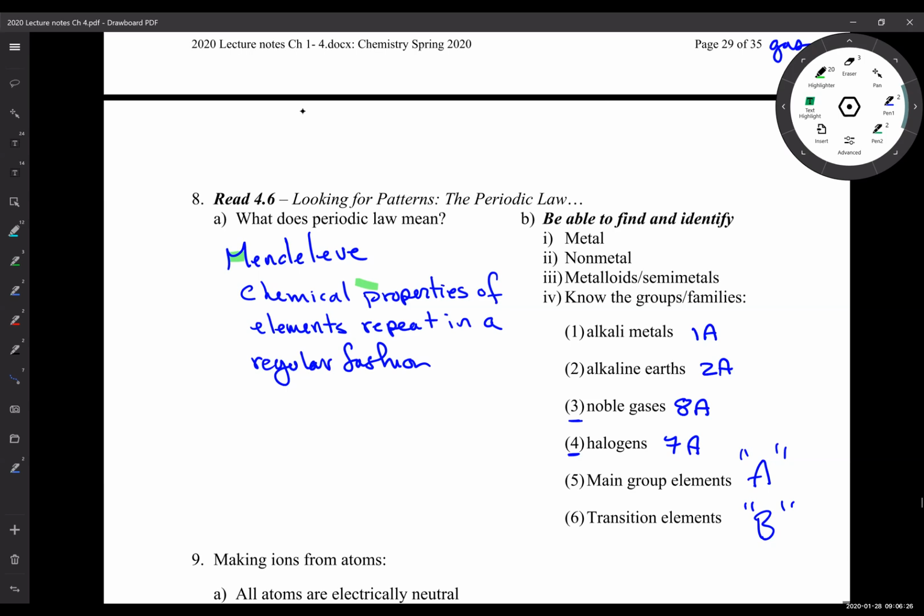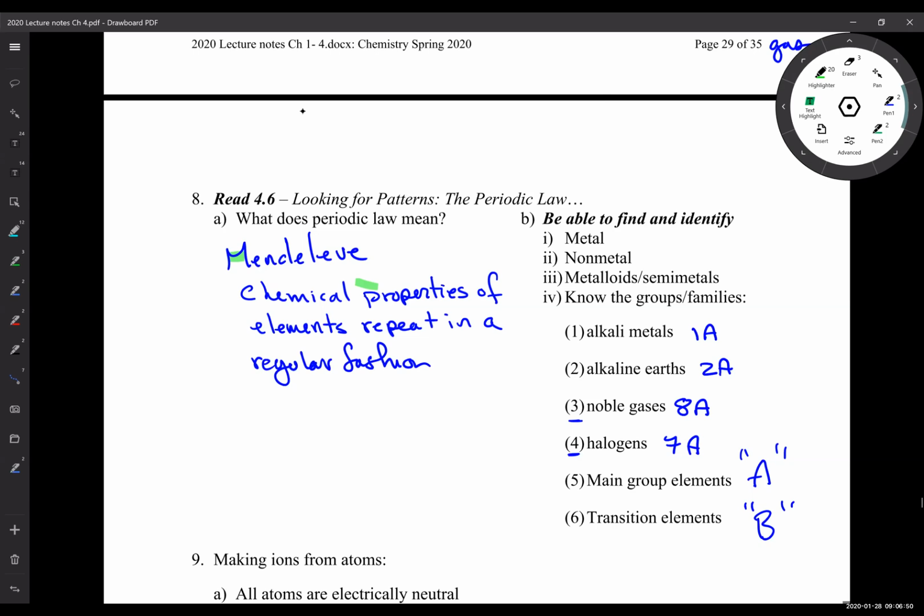But yeah, chemical properties of elements repeat in a regular fashion. And then what Mendeleev did, apparently just sort of came to him. He just sat up one night and basically drew the periodic table, because he was an expert in chemical properties, and went back to bed.